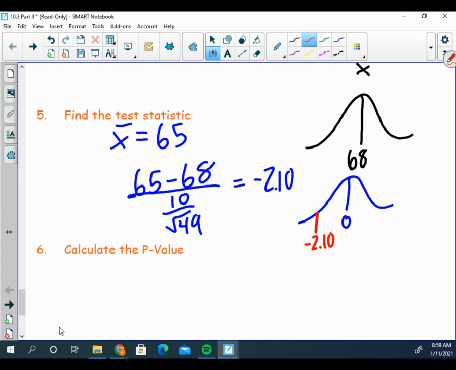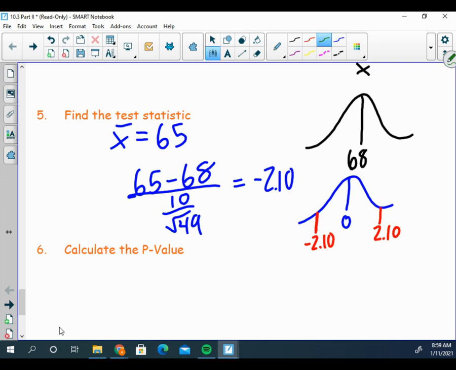Now, in the previous example, we wanted to know that many standard deviations above the mean because it was a right-tailed test. But with this being a two-tailed test, when we think, what's the probability of getting a data value that extreme, we have to consider both tails. It's a two-tailed test. So we not only need to consider what's the chance of getting a data value 2.1 standard deviations below the mean, but also 2.1 above the mean.